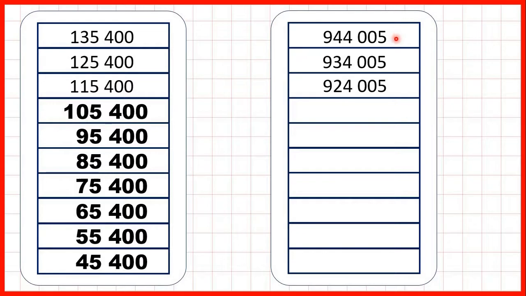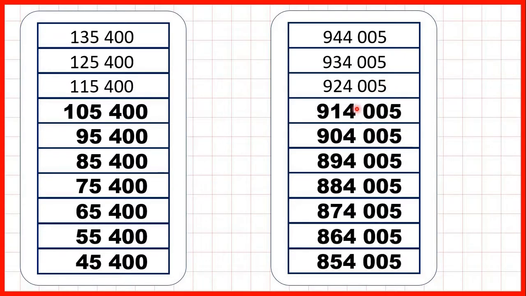Now we have 944,005, 934,005, then 924,005. If we show the numbers that follow, again, we can see that because we're subtracting 1 10,000 each time, that's just like counting back in ones, but then leaving our thousands, hundreds, tens, and ones the same.